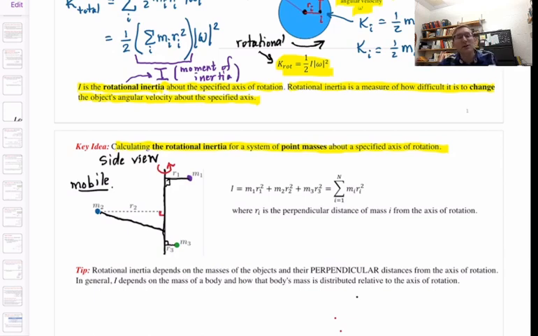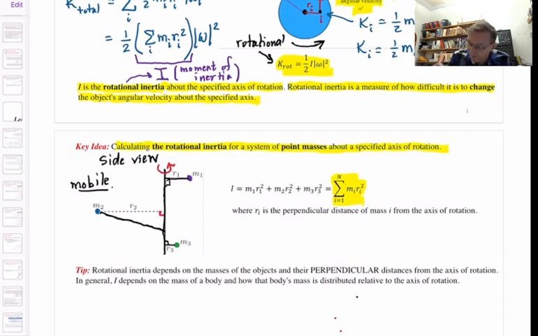What's the rotational inertia I of this mobile? We assume that the only things that have real mass are those particles: particle 1, particle 2, and particle 3. Well, to get rotational inertia for a system of point masses, use that formula that I just had on the previous slide. You do a sum. Use an index, we'll call it i, going from 1 to N, where capital N is however many particles there are. You take the mass of each particle times r_i squared.